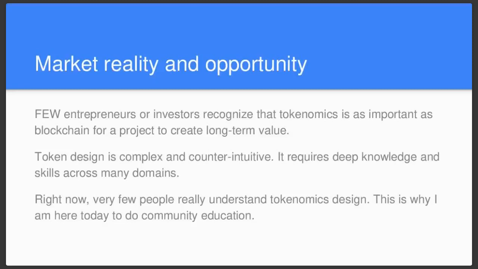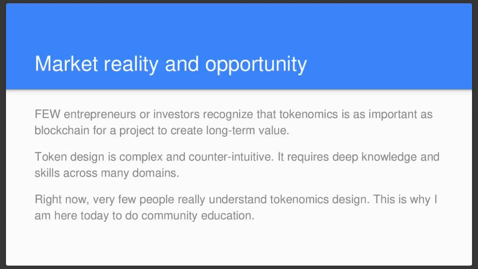This is the reality, but it's also an opportunity for many people. If you can combine all the knowledge across different domains, or team up with people from different domains, this is an opportunity to create a good token design, and eventually have a real impact and change the world.